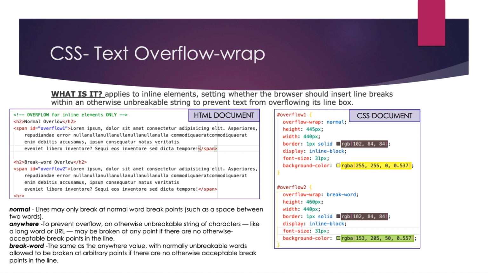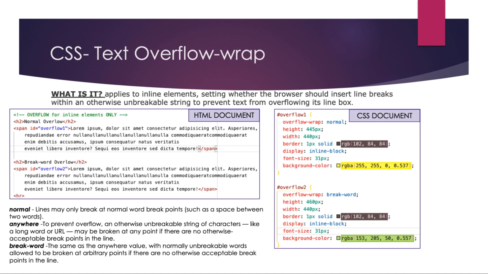With block elements, we have elements that tend to stack on top of each other vertically, but inline elements, like a span tag or like an image tag, tend to stack horizontally, so they go from left to right. So what I'm about to tell you now, for overflow-wrap, this applies to inline elements only. It sets whether the browser should insert line breaks within an otherwise unbreakable string to prevent the text from overflowing its line box. So it's a pretty important thing.